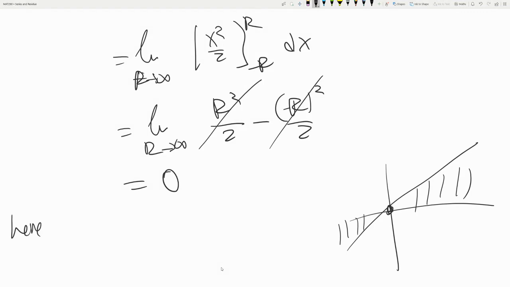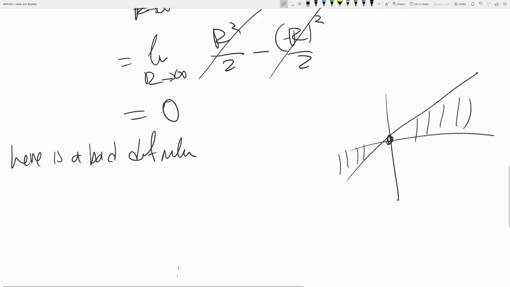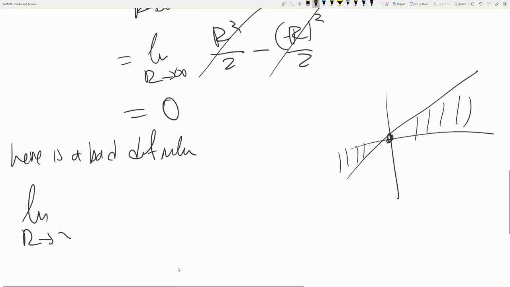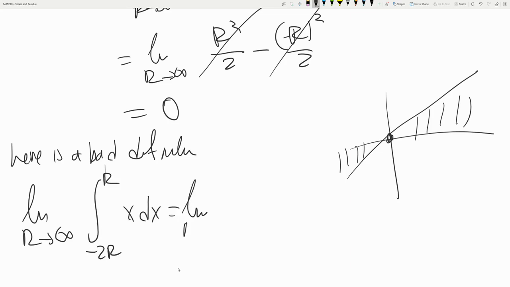So here's a bad definition. A bad definition is the limit as R goes to infinity, let's say I take, I don't know, minus 2R and R, like asymmetric. Well, in that case, what do I have? I have R squared as before, but then I get 4R squared over 2.